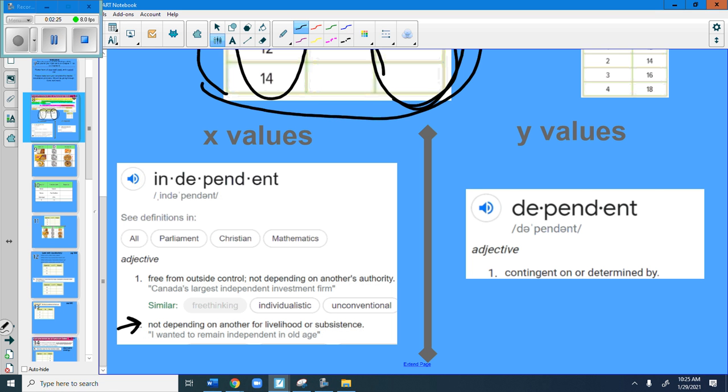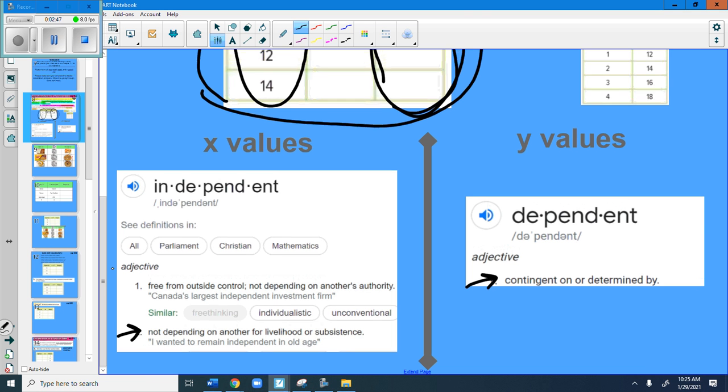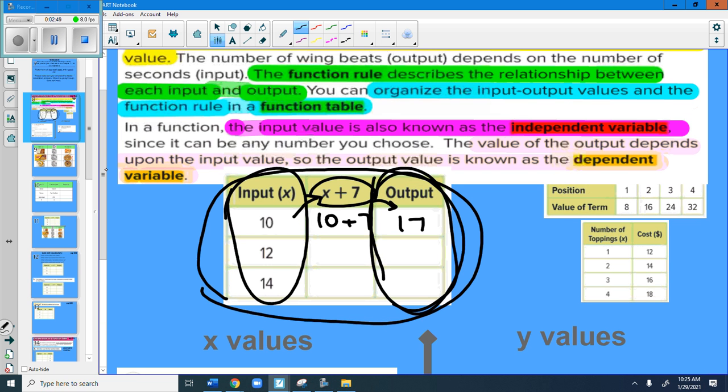So on the flip side, after it goes through the rule, we have the y values. The output is your dependent variable, and that means it's contingent on or determined by something else. So it depends on something else. Does that make sense? So my question is, why is the output dependent?